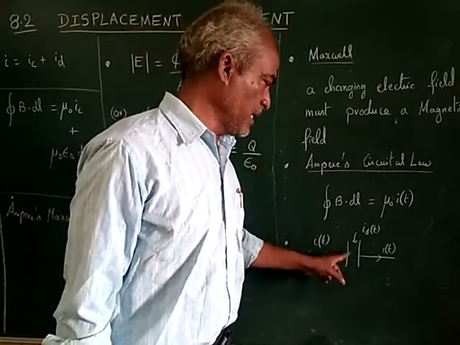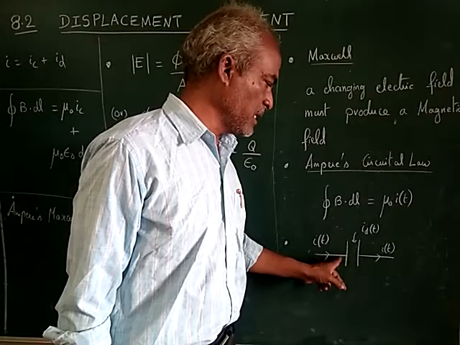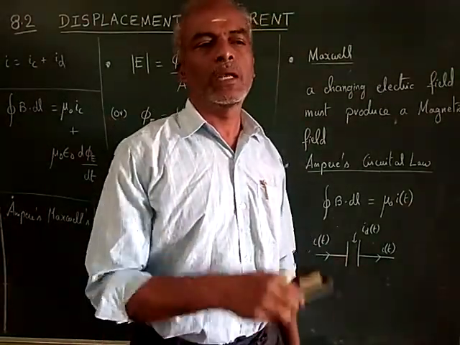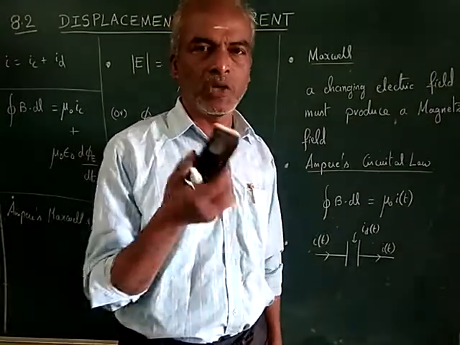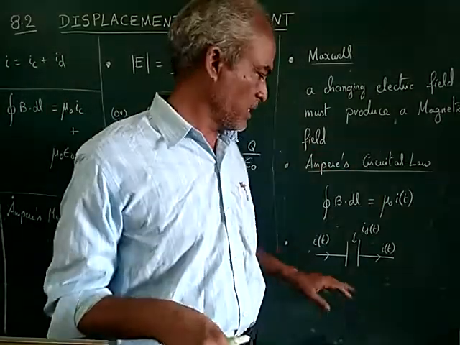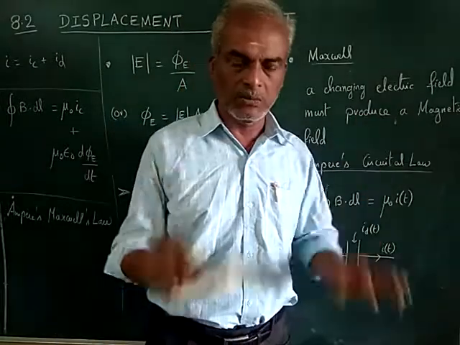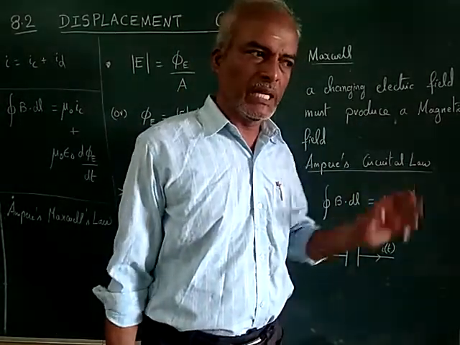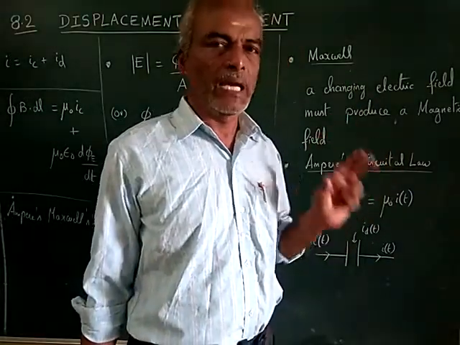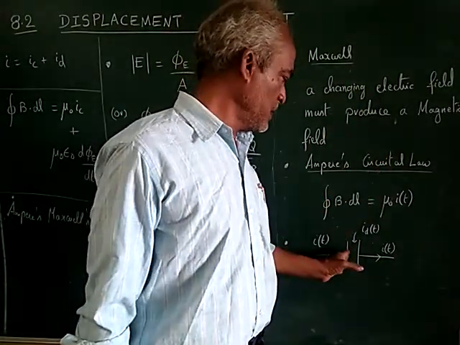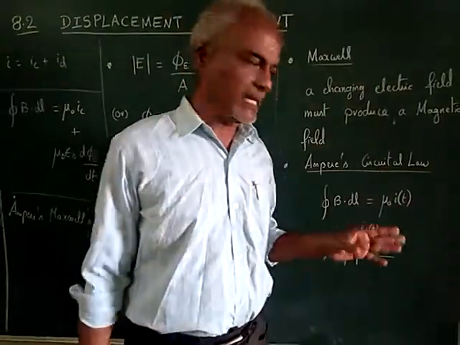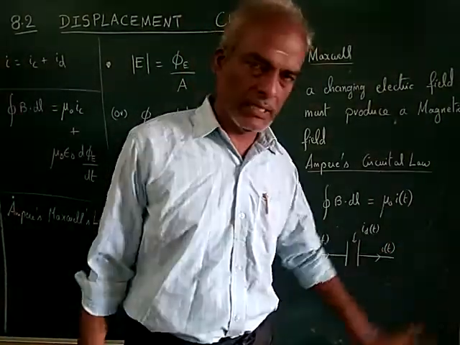But assume there is some process partially outside and partially inside, like during charging or discharging of a capacitor. Then two terms come into the picture, conduction current as well as displacement current. In that case both terms will be active. But outside the plate, it is purely conduction current, either this side or that side.